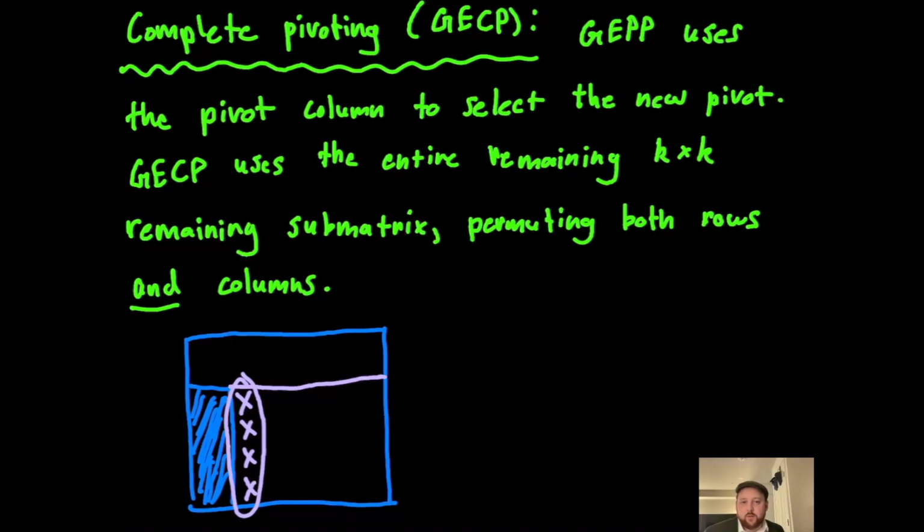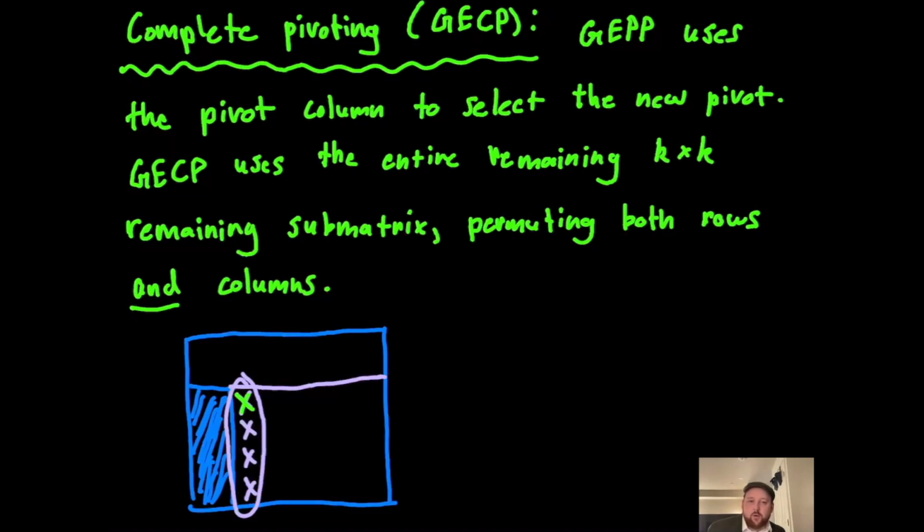And then we want to bring that entry into the pivot position. Say that it was the bottom one. We would take this bottom row and swap it, bring this one up there and the other one down there. That's how we would bring this into the pivot position. Once it's in the pivot position, we then do Gaussian elimination, in which case we would zero out everything below.